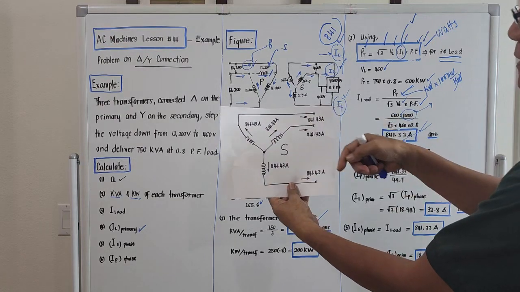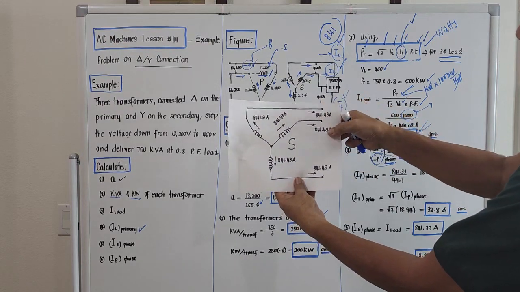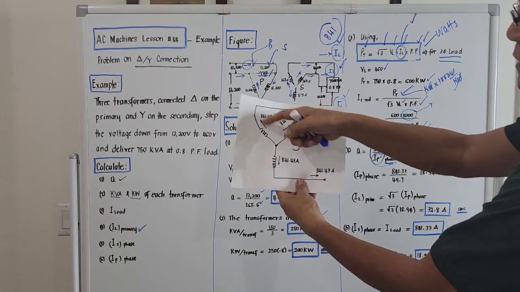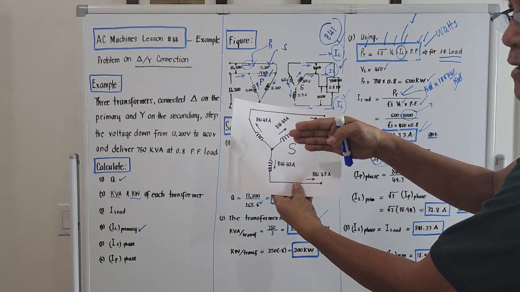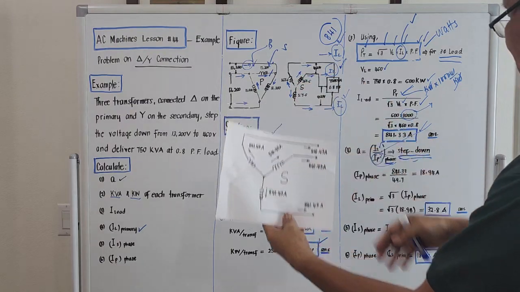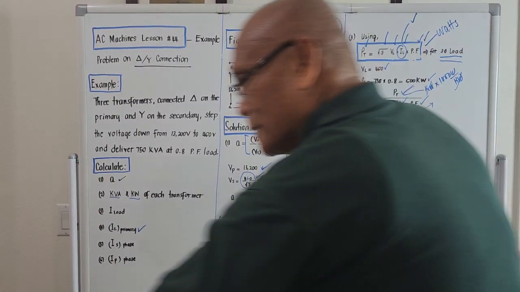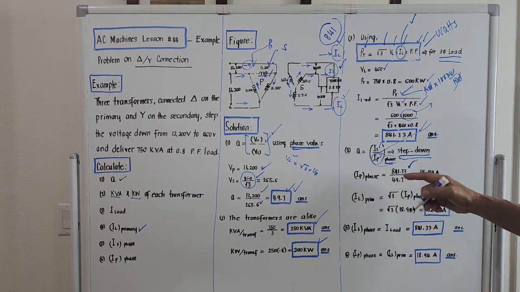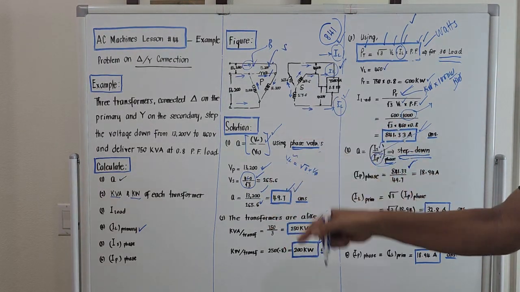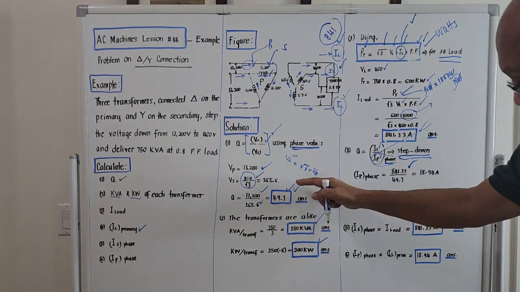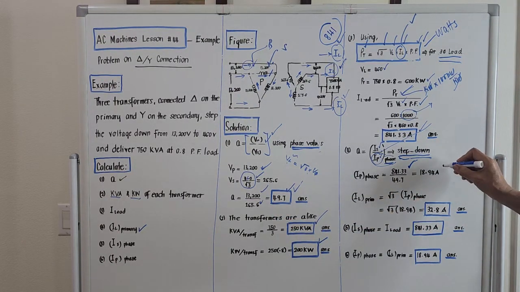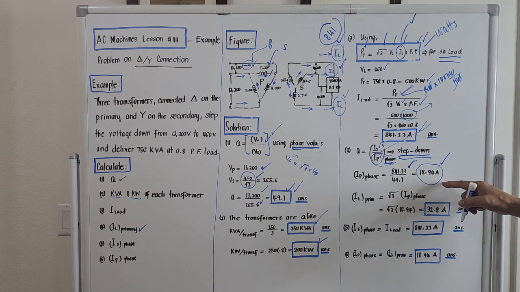It's balanced, right? We know the line load current already, so it will be the same as the phase current. Phase current meaning the current coming from the windings, right? So this will be 841.33 over the computed ratio of transformation using the voltage values, which is 49.7. So this is over 49.7. So the phase current on the primary will be 18.94 amperes.